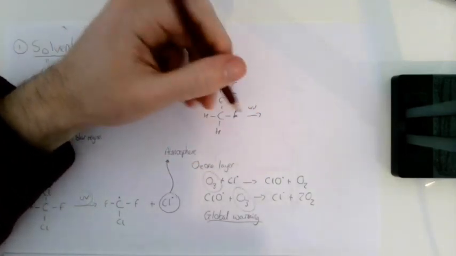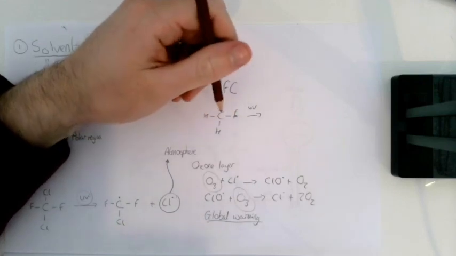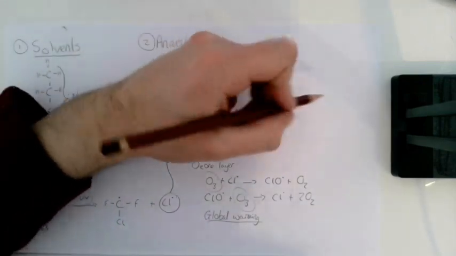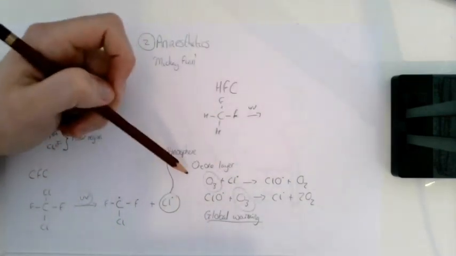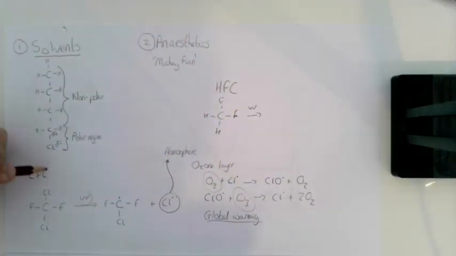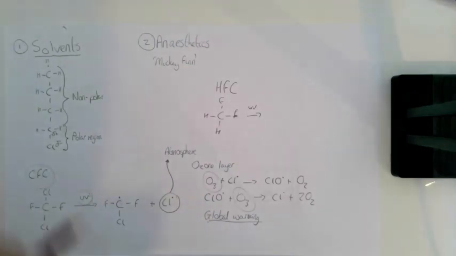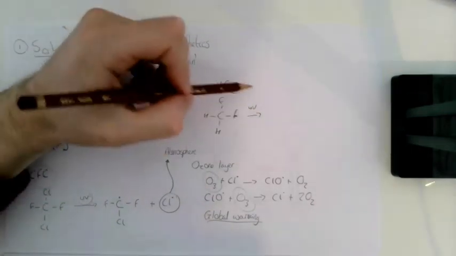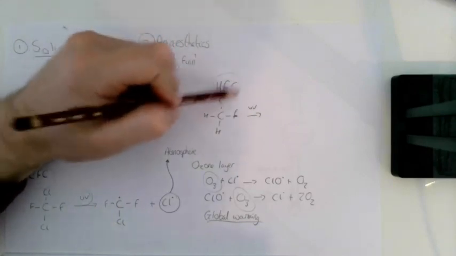You don't get as many radicals forming, or any radicals forming at all, and then we don't have the ozone getting depleted by the chlorine free radicals. So CFCs, what was a very useful chemical, their uses are now restricted, and instead people have to use HFCs.